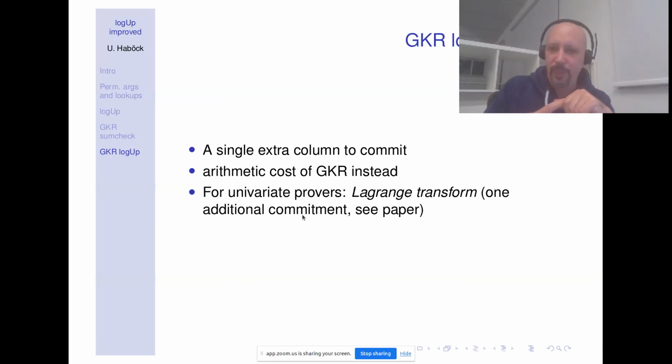I won't go into details here, but it's a quite cheap and elegant protocol. It costs just an extra commitment, which is essentially the multivariate Lagrange at the query point that is obtained in the course of the GKR, actually the last sum check of the GKR.